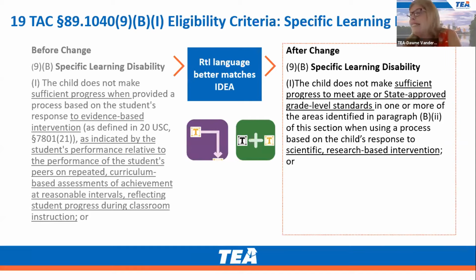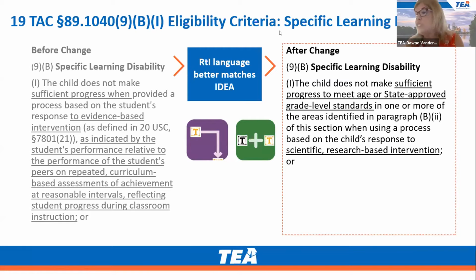Chapter 89 tells us that one of the ways you can identify a specific learning disability is through a response to intervention process. As you can see on the slide, some language from IDEA was added, which clarifies that this insufficient progress is with meeting age or grade level standards.